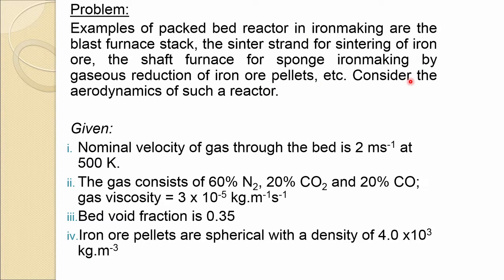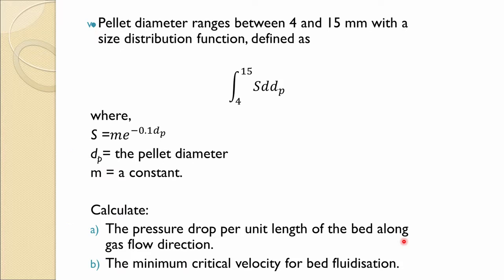The velocity of the gas through the bed is 2 meters per second at 500 degrees Kelvin. The gas consists of 60% nitrogen, 20% CO2, 20% CO, and the gas viscosity is given. The void fraction of the bed is 0.35, and the pellets are spherical with a density of 4000 kg per meter cube.